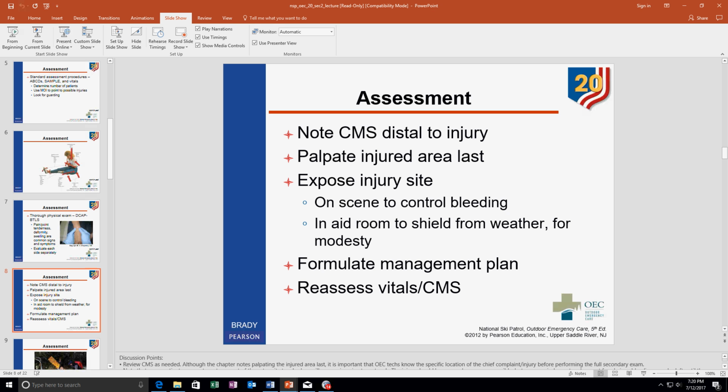We'll talk a little more about the SAMPLE, but those are things you just need to do without thinking. It needs to be ingrained. Looking at chapter 20, except for altitude sickness and asthma, probably at least 60 to 70% of your patients are going to come under chapter 20.